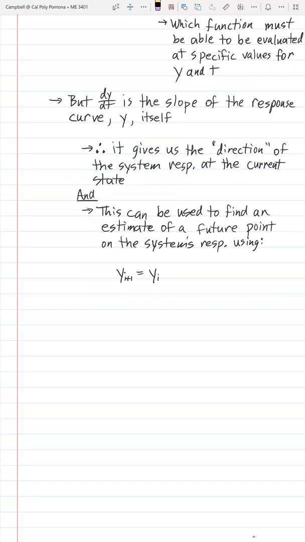We'll call that next point yi plus 1 is equal to, well, I just need to figure out what the slope is at this particular point in time and at this particular value of the response. And then I just need to propagate that slope over some period of time. Ti plus 1 will be the new point in time that we're trying to propagate to. Ti will be the point that we know right now.